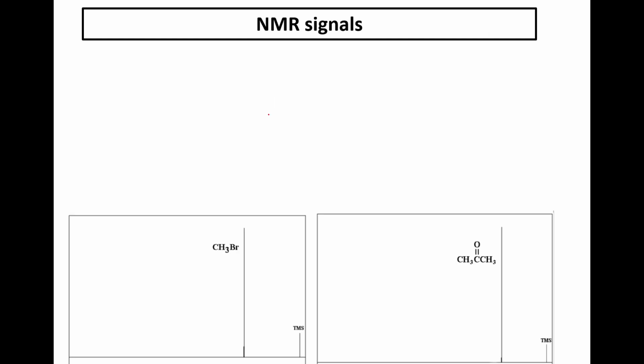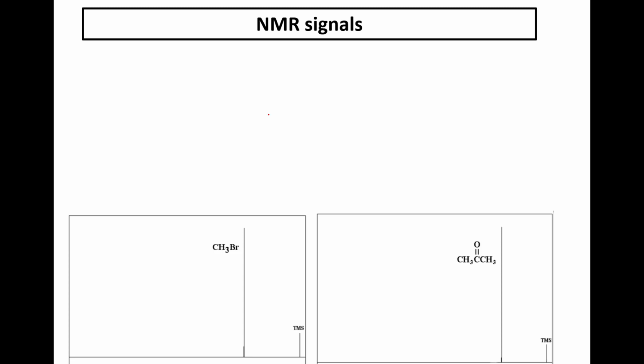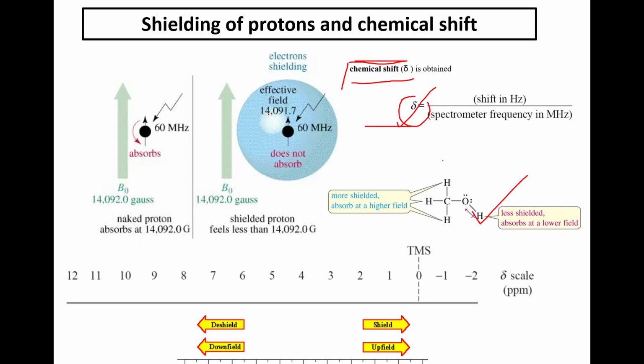Now, consider what information a 1D NMR signal can give you. From the number of peaks you get in the 1D spectrum, you can say that if you get two peaks, then only two types of different protons are present in this structure.